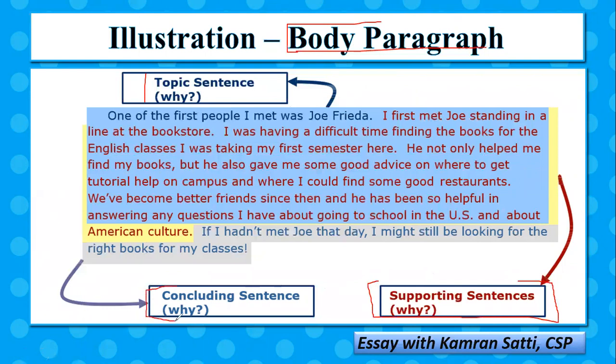Now, what is the topic sentence? The topic sentence is the first sentence of your body paragraph, and it introduces the topic of the paragraph. For example, let's suppose you have mentioned that democracy is no more vulnerable in Pakistan because of many factors.